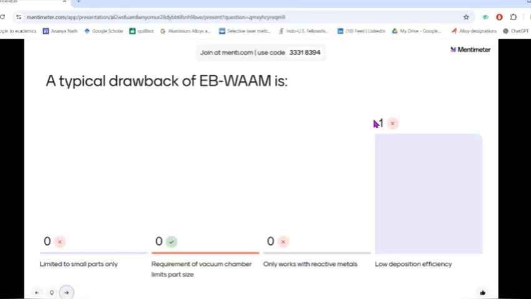No, it's the requirement of a vacuum chamber that limits the part size. Lower deposition efficiency is not true because it's wire based. So deposition efficiency will be higher. But because of the vacuum chamber, the part size is a limitation. You cannot print bigger size parts.